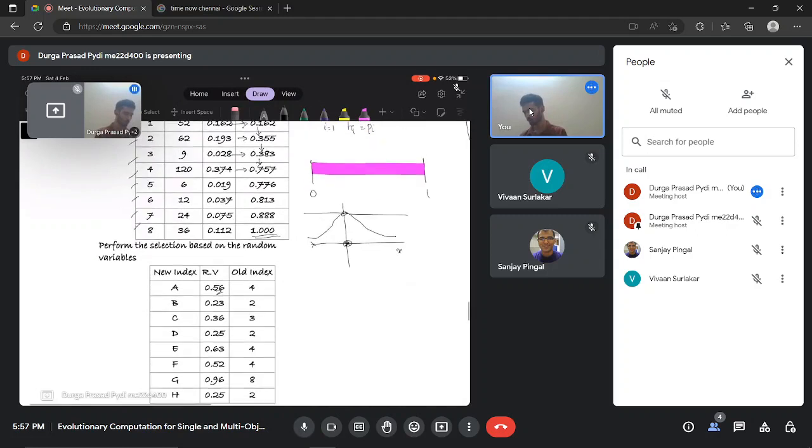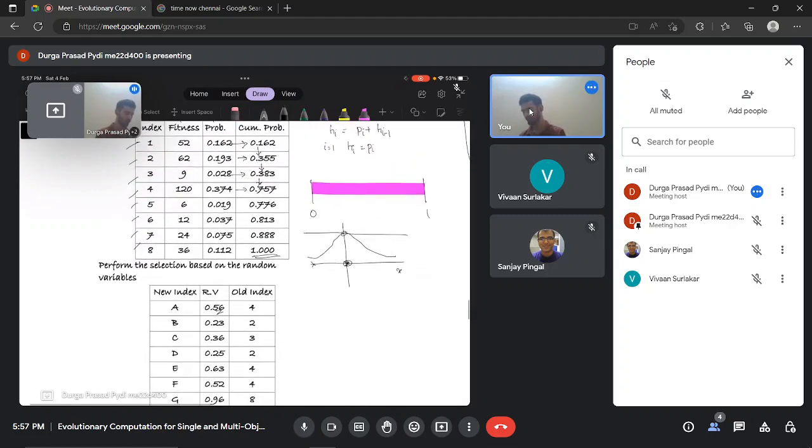Now what we do, from this cumulative probability table, we will see where this particular value lies. 0.56 is somewhere between 0.383 and 0.757.